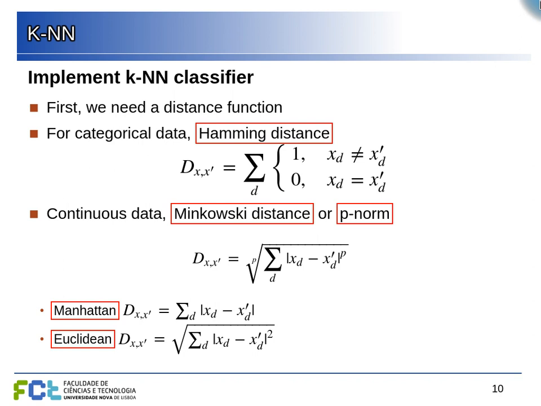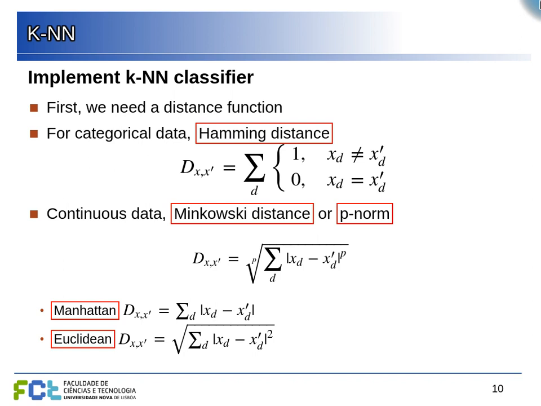If we have continuous data, it's usual to use some p-norm or Minkowski distance, which is defined in this way. We have the p-root of the sum of the modules of the difference between the feature values raised to p. So this seems a bit complex, but we have some very used cases, which is Manhattan distance, where p is 1, so you just take the modules of the difference and sum it.